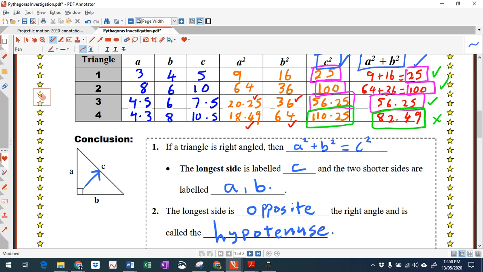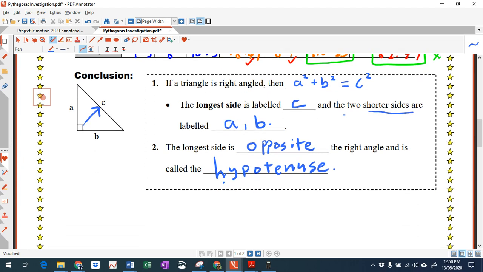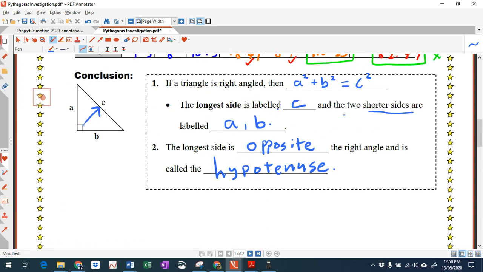The other two sides, A and B, we call the shorter sides. So now we've got a way of testing if a triangle is right-angled. If a triangle is right-angled, we know that this is going to be true.